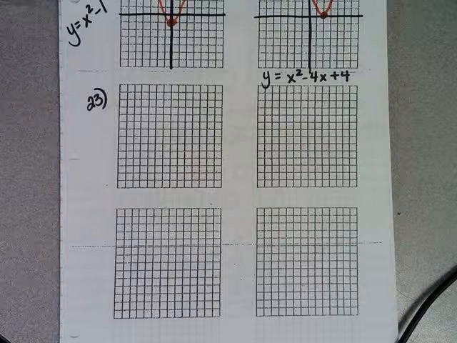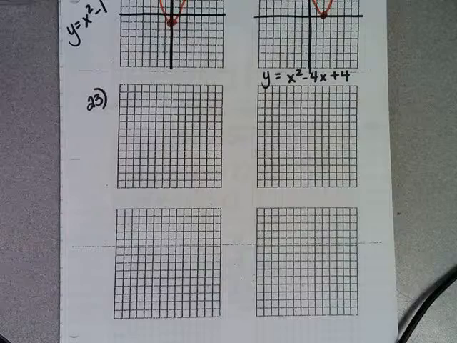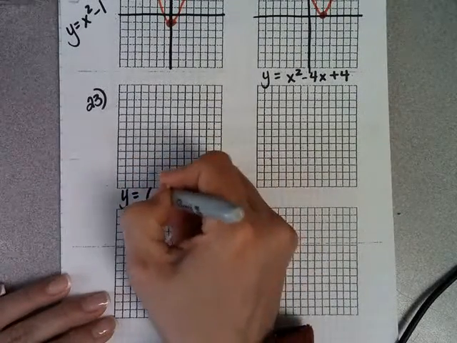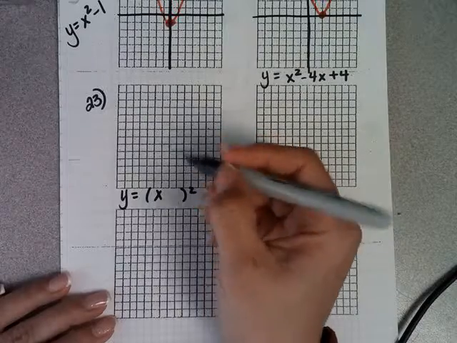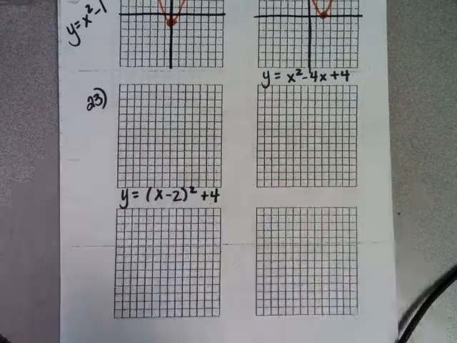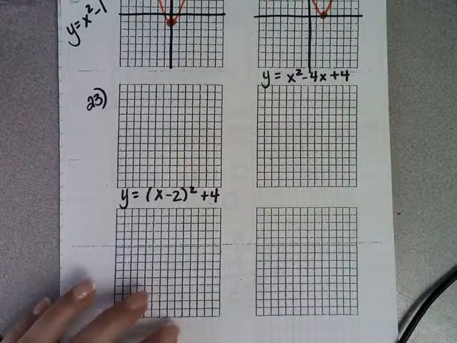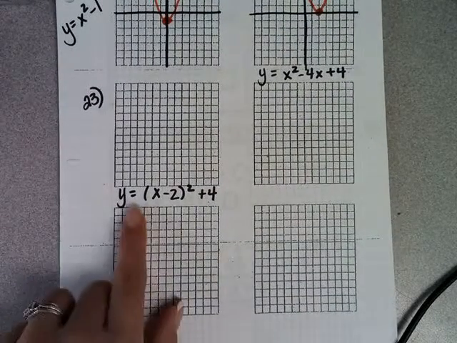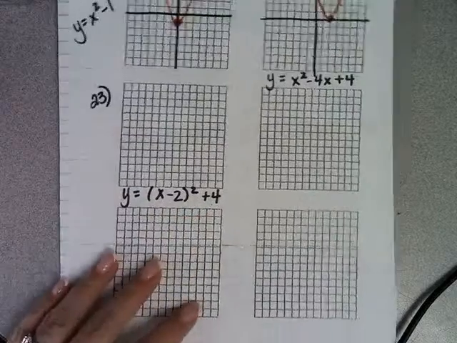So let's look at 23. 23 says y equals x minus 2 squared plus 4. Now, this is a little bit different setup. Can somebody unmute yourself and tell me what kind of shape this equation is going to be?